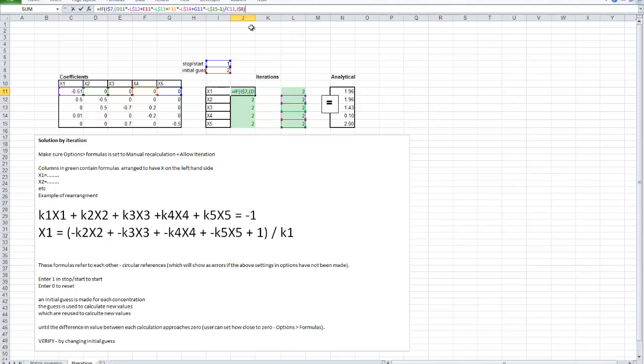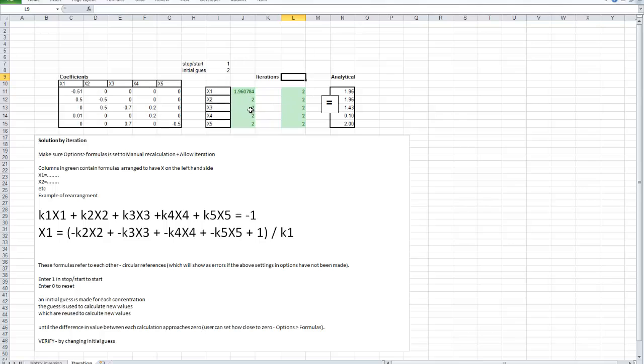But the calculation will repeat, that's the iteration that goes on. And it will take the results calculated in one column and then use that result in the other column, and then use the result from that column in this column, and those results will get passed between the columns, and that's the iteration process.